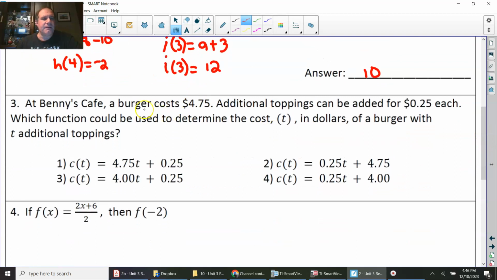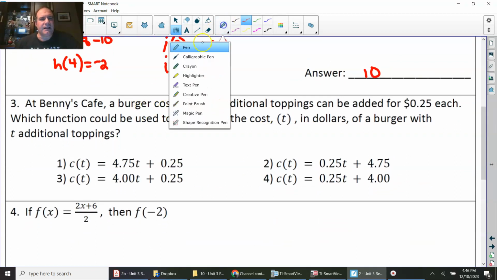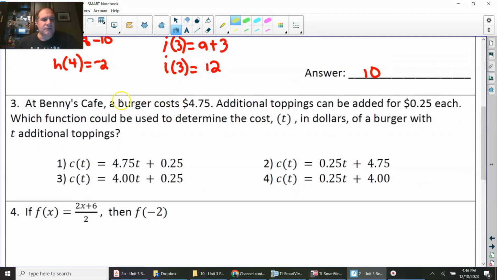At Benny's Cafe, a burger cost $4.75. Additional toppings could be added for 25 cents each. Which function could represent this? All right, so just remember the burger is probably what additional toppings.